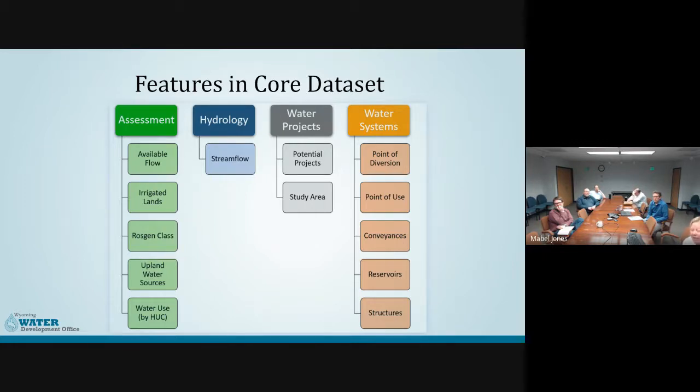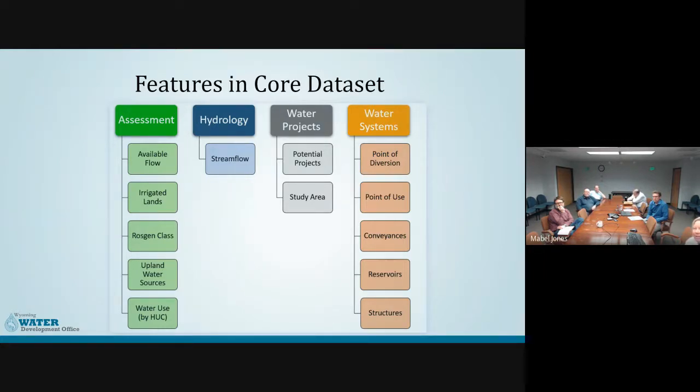The hydrology data set only includes one feature class, and that is streamflow, which includes information on both measured and modeled streamflow data. The water projects data set includes the study area boundary and tracks potential projects. So this would be new projects that are identified in the study, and how these potential projects fit within our funding programs.